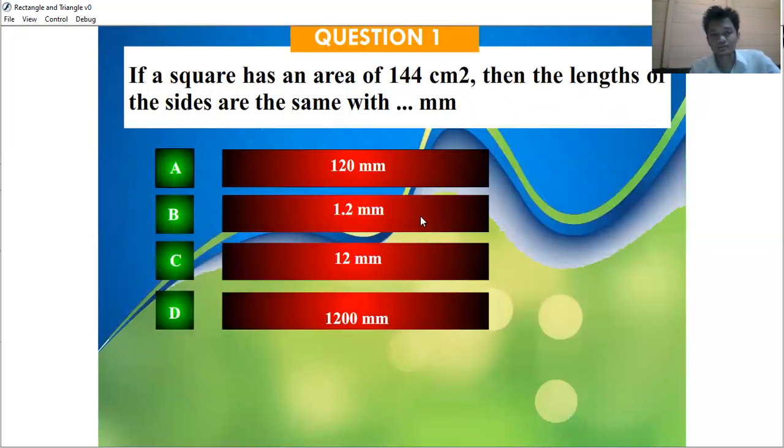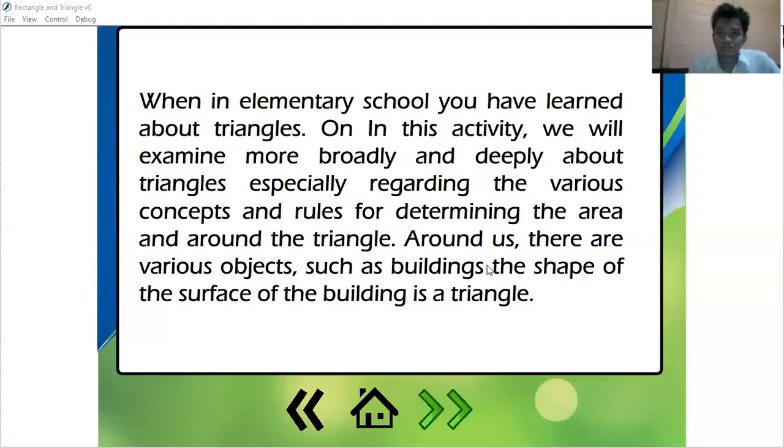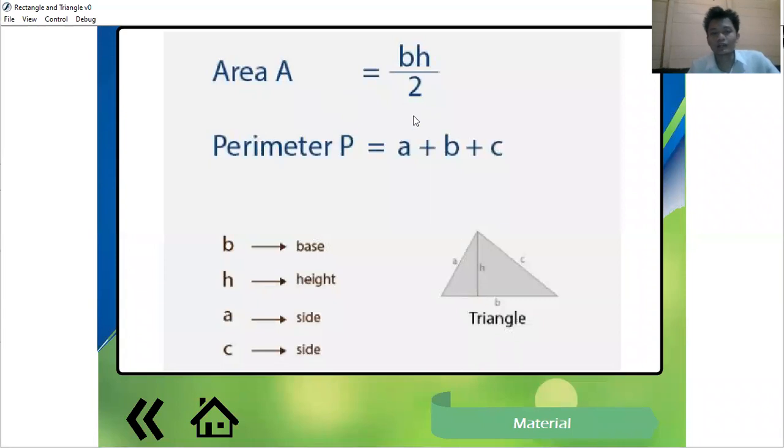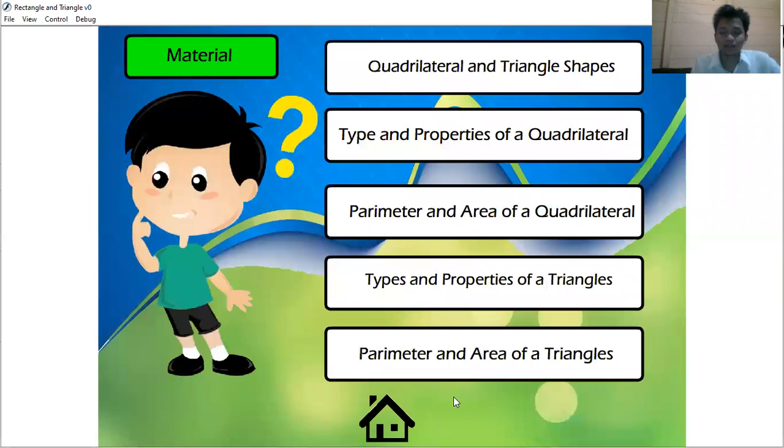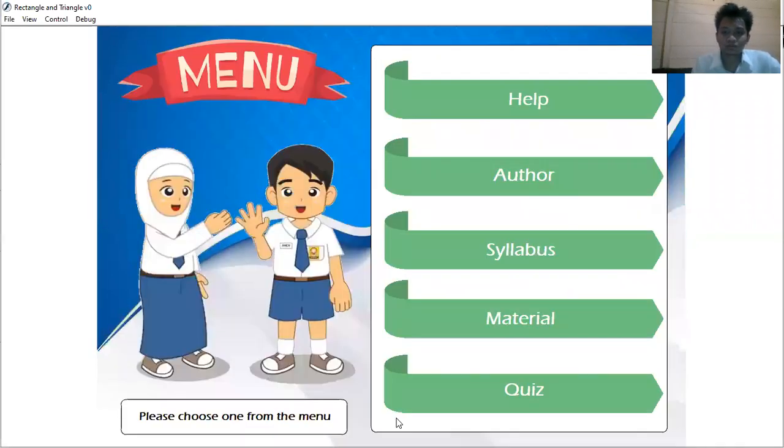Here, the area of a triangle is base times height over 2. The perimeter is A plus B plus C, or the sum of the sides. Let's come back to the main menu.